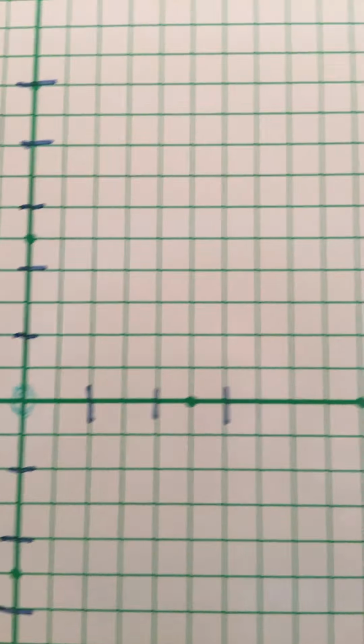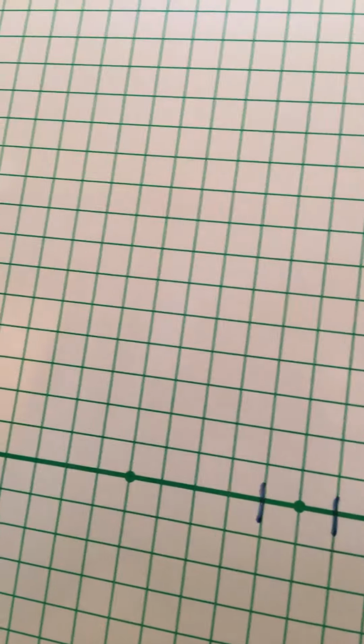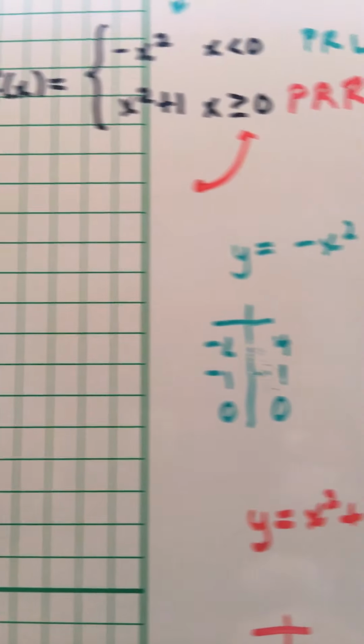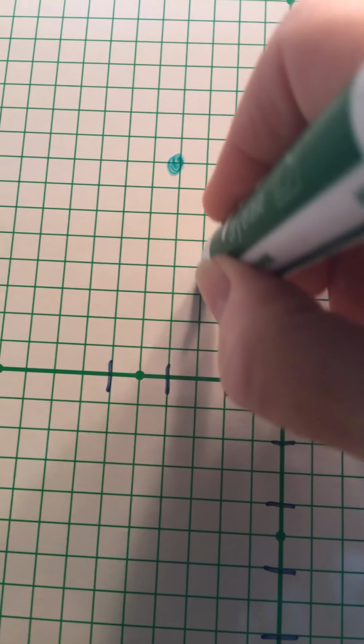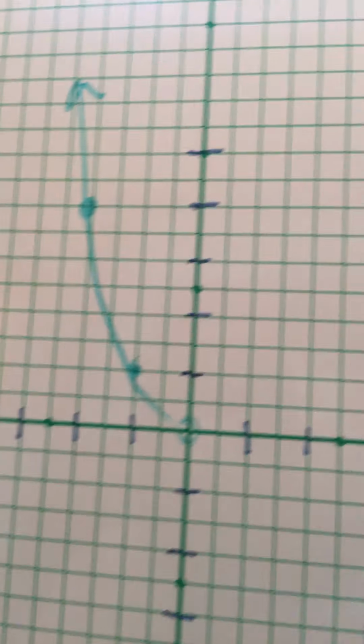So there's my 0. And now I want to go 1 left, 1 up, 1 left, 1 up. And then I want to go 2 left and 4 up. 1, 2, 3, 4. It's easier for me to count up the axes. So there I have my points, and I have my half of my parabola.